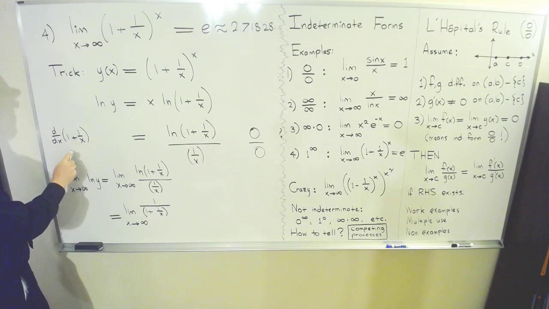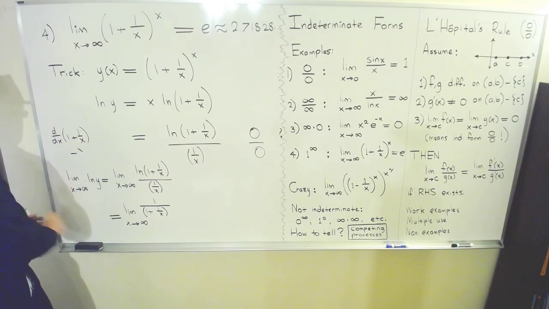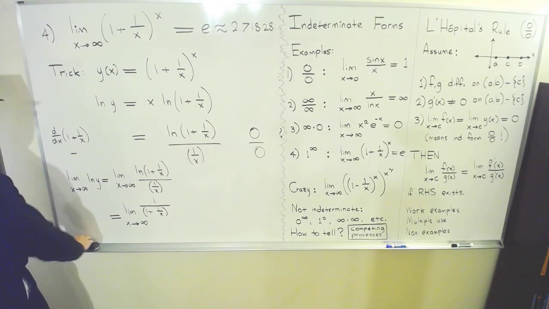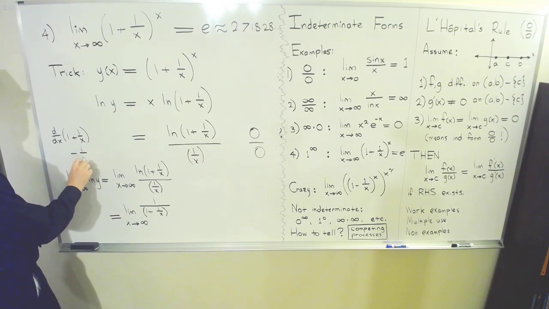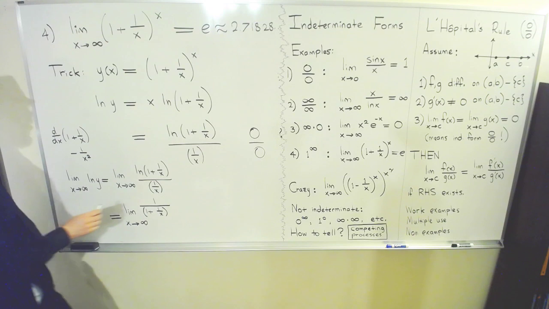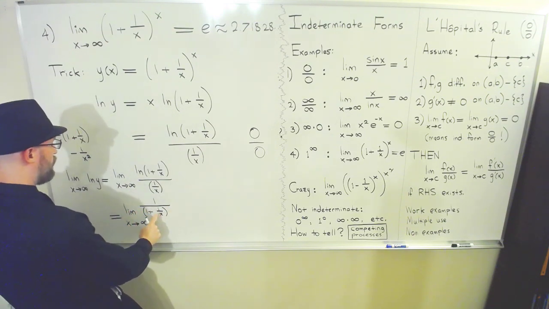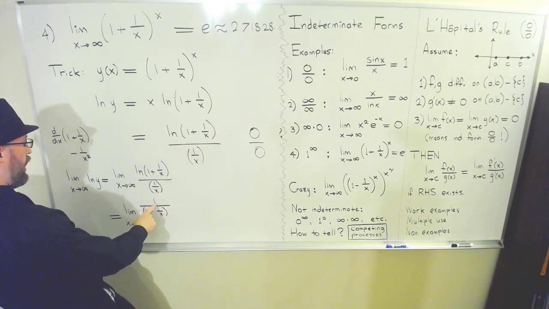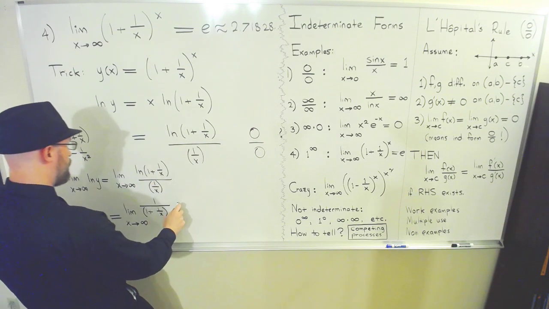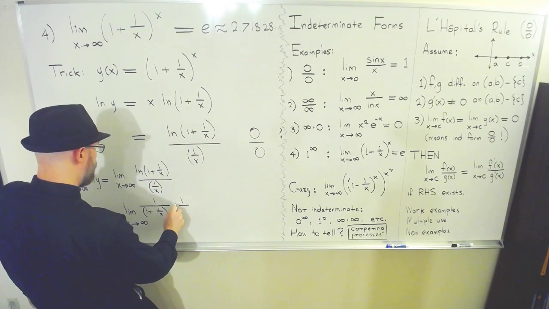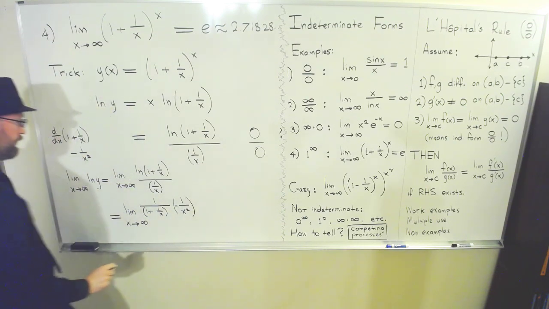The 1 over x just gives me minus 1 over x squared. So I multiply this whole thing by minus 1 over x squared here.